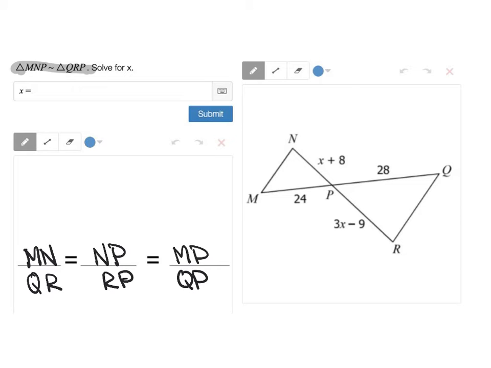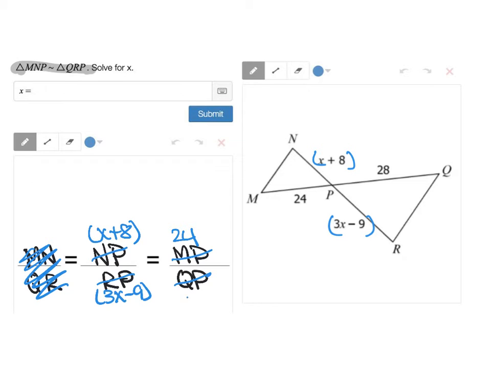We're just going to fill it in like always. So MN we don't have, and QR we don't have, so I'll get rid of it. NP is x plus 8. RP is 3x minus 9. Notice again, I keep both of those in parentheses. MP is 24. QP is 28.